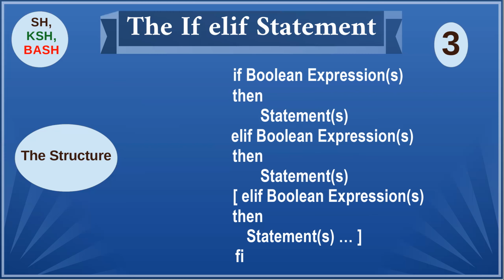So the bracket is not required, the dots are not required, but you're just assuming that it's optional. So if there's more than one, you have to write another elif of the Boolean expression that you're doing and then execute it. That's the structure of the elif statement.